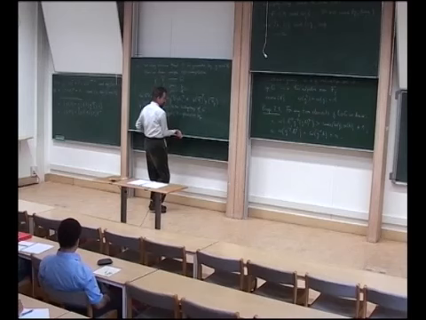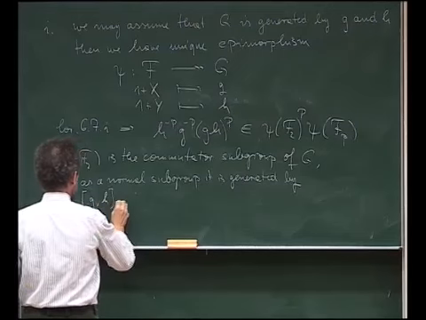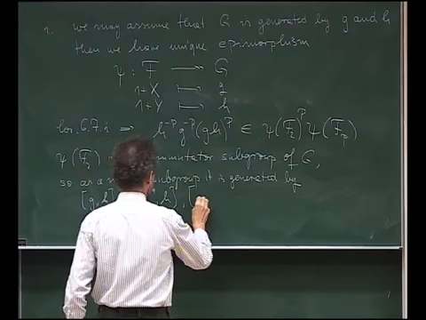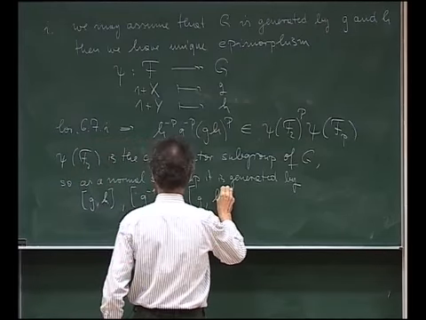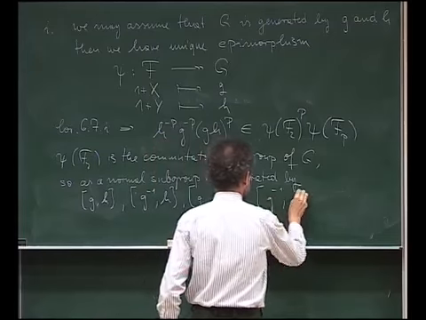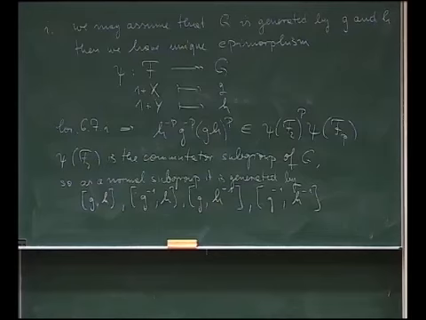So up to conjugation, I can reduce this to commutators for the factors in each component. So as a normal subgroup, it is generated just by these four, the smallest normal subgroup which contains those.